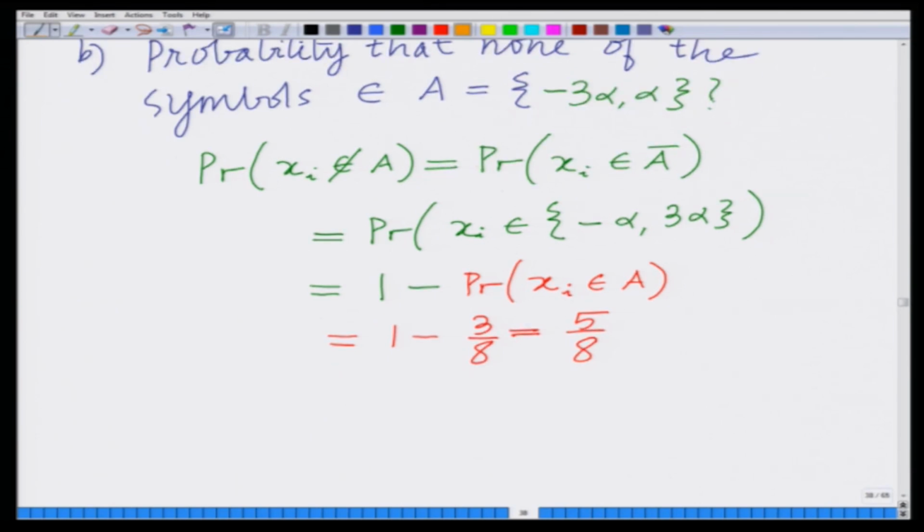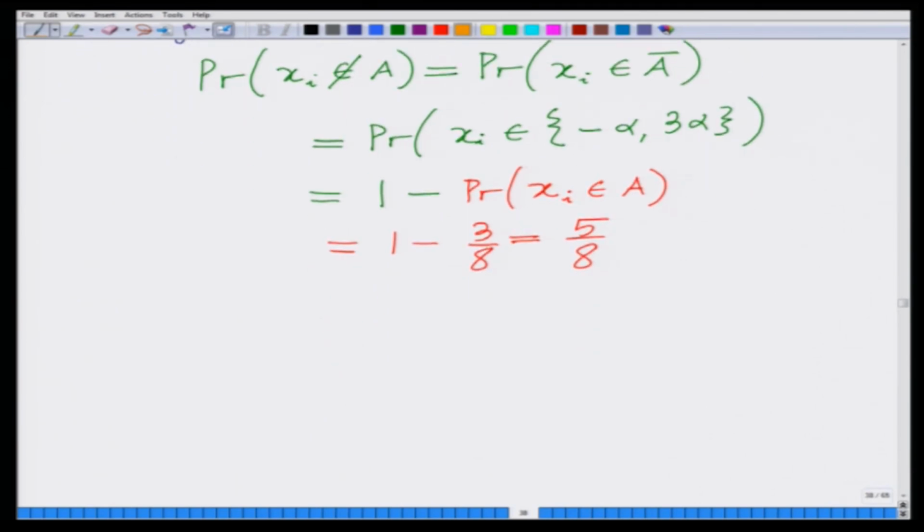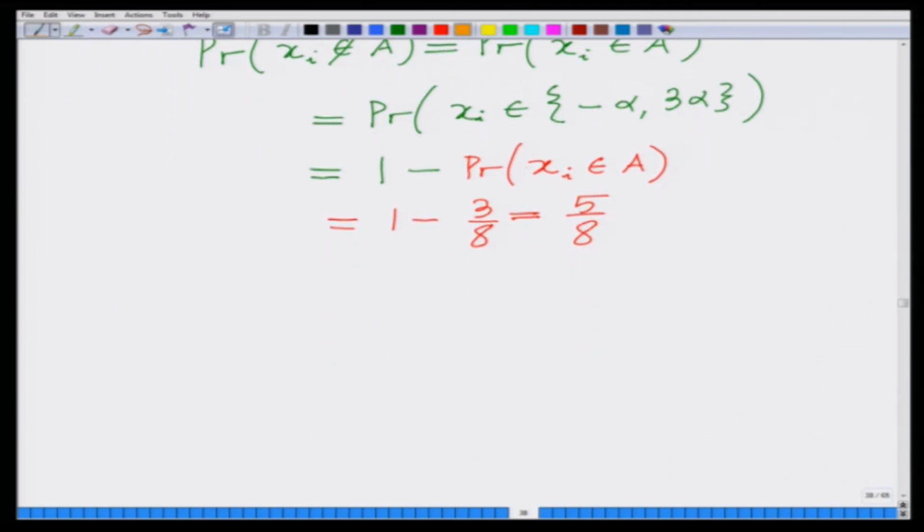Now we are asking the question, what is the probability that none of x1, x2 up to x10 belong to A, which means all of them belong to A complement.